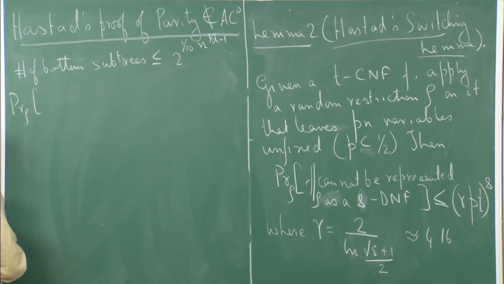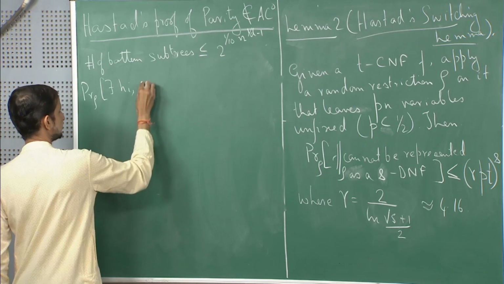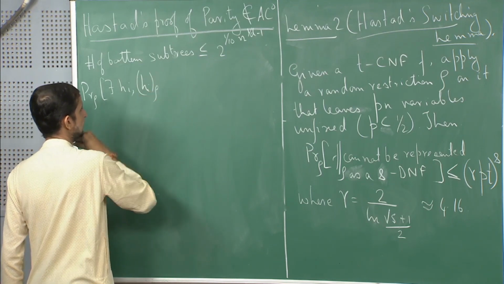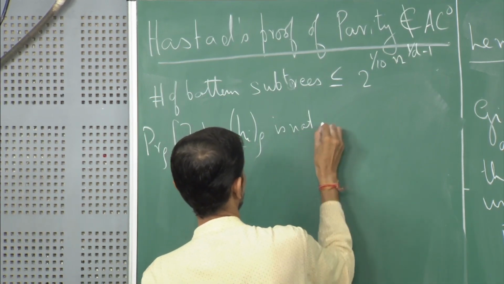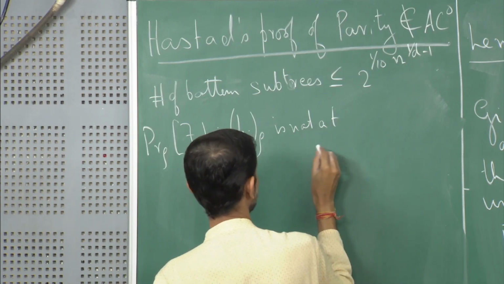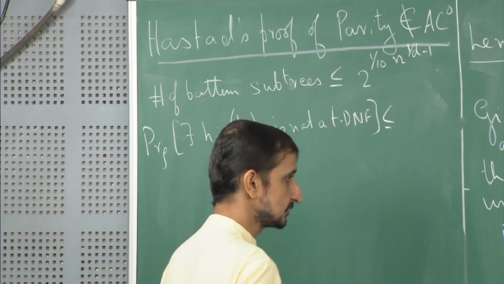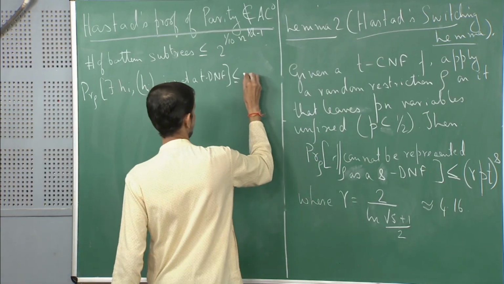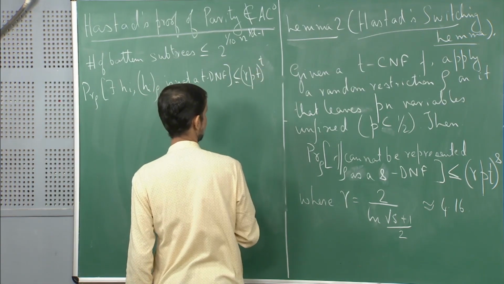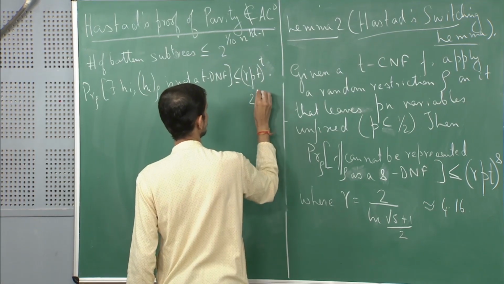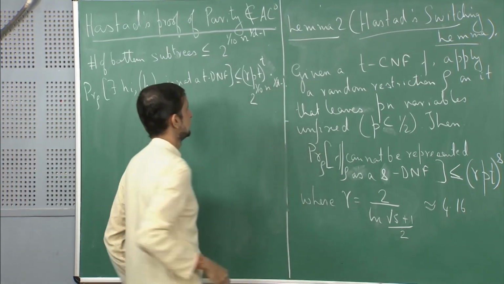what I get is that the probability that there exists an H_i such that H_i restricted to rho is not a t-DNF is at most the product of these two quantities, gamma times p t, whole to the power t, times 2 to the power 1/10 n to the power 1 over d minus 1.